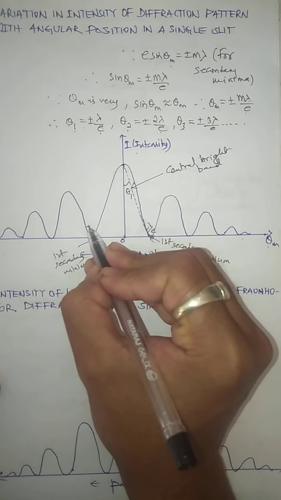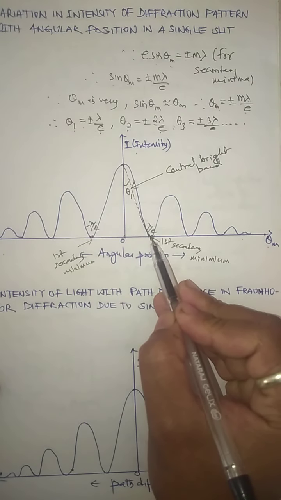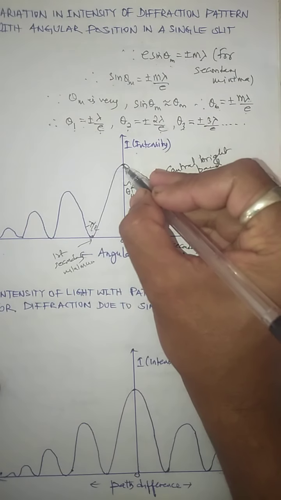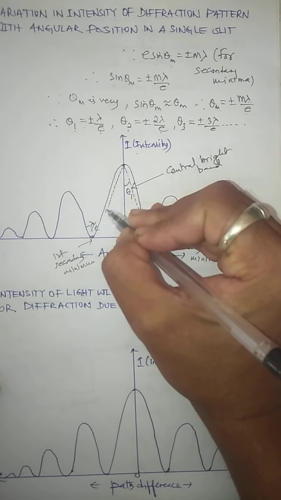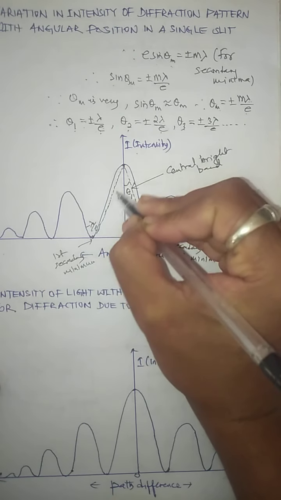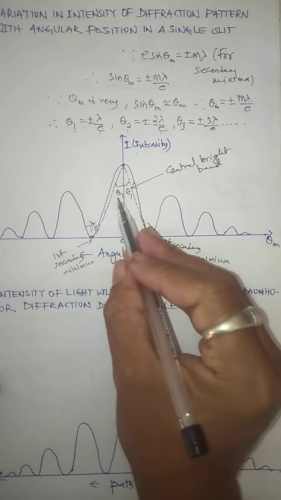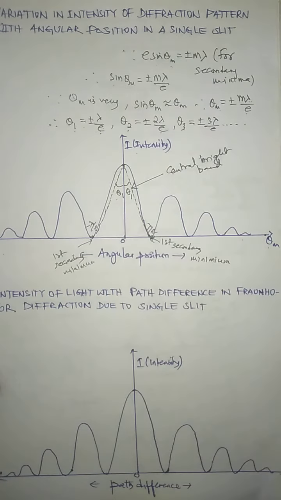On the negative side it will be minus lambda by e. I draw a dotted line this way, and this angle is also theta 1 but on the negative side. So these are the angular widths of the first secondary minimum with the central maximum.